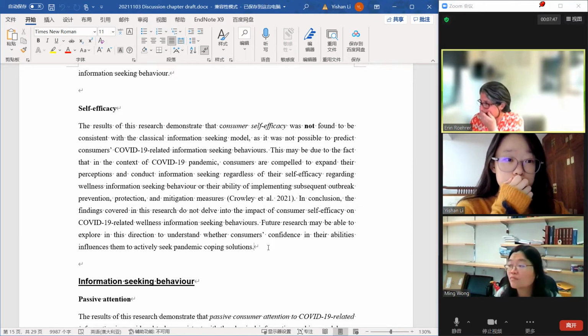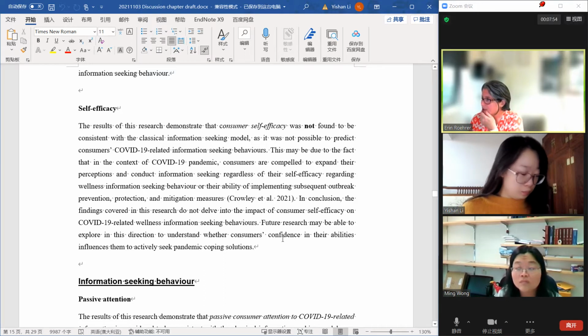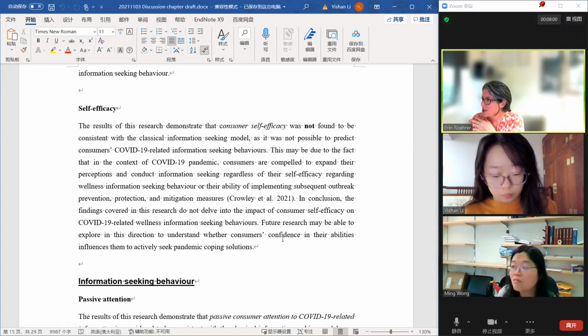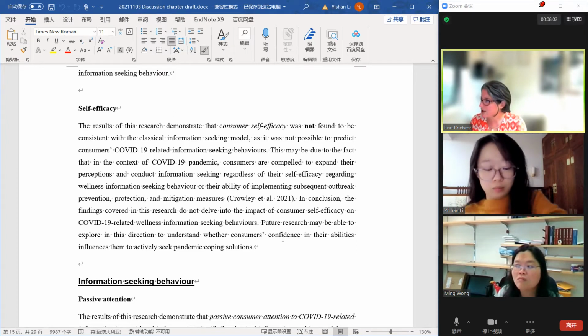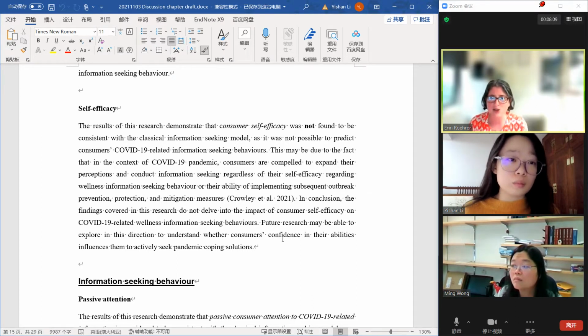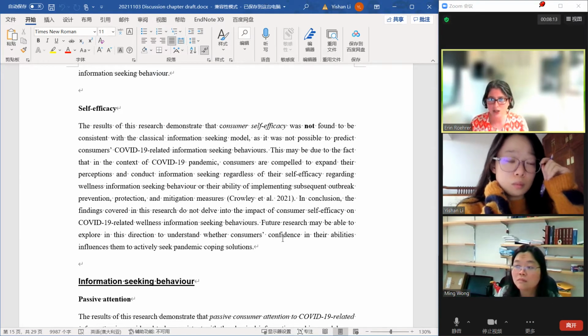The one that wasn't consistent is self-efficacy under your information-seeking model, which you've said is not consistent with research. It's the discussion on that. You could have a discussion about going through the research and looking at your study.